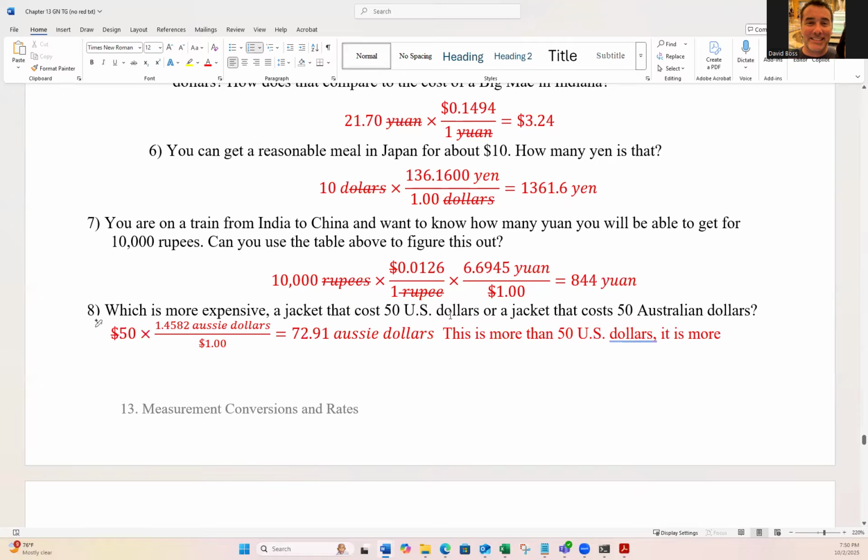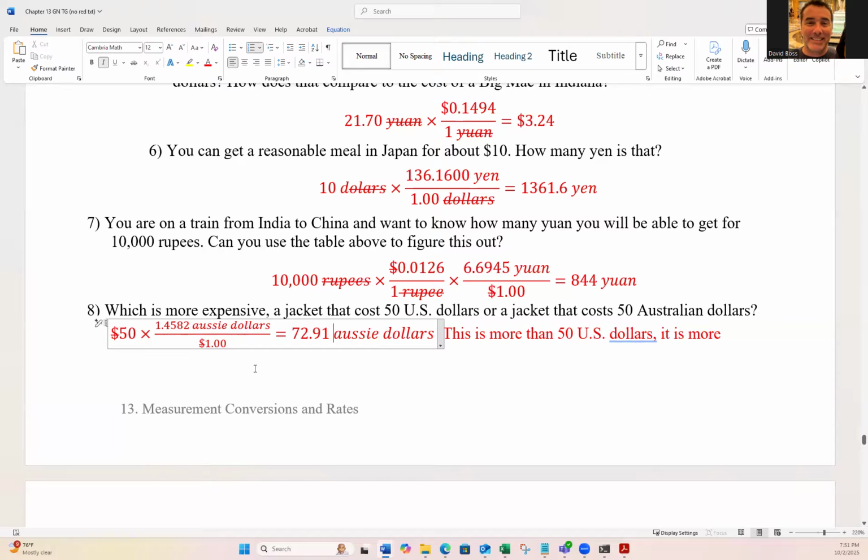So this is more than enough. Okay, so our 50 US dollars. All right, so this gets a little tricky. Jacket that costs 50 US dollars or jacket that costs 50 Australian dollars. So our 50 US dollars is equivalent to 72 Aussie dollars.